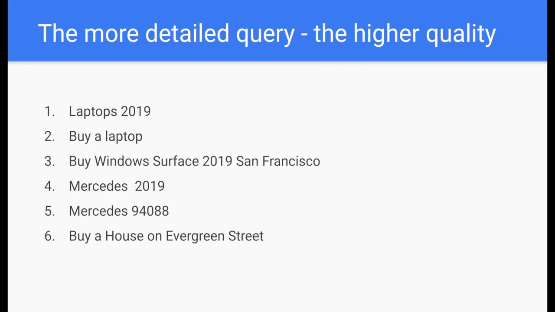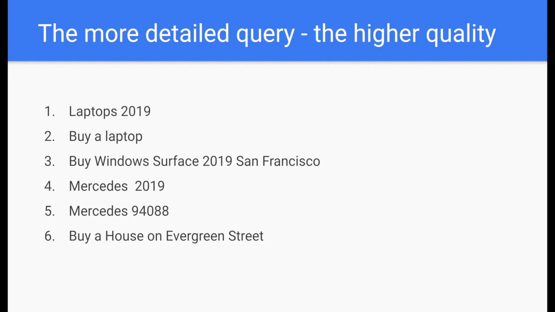Here is a bunch of other examples that I wanted to show you. Different keywords have a different decision-making step. I have 6 keywords on this slide, and imagine that in each case, of course, I'm selling the relevant product. For example, I'm selling laptops, like in the first example.